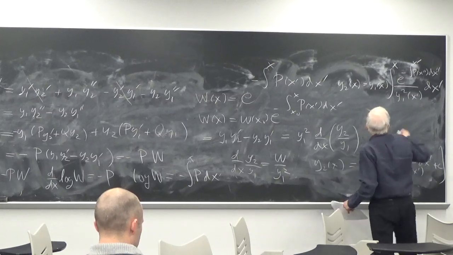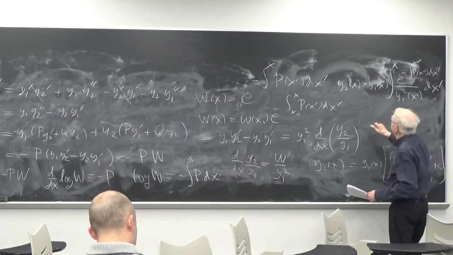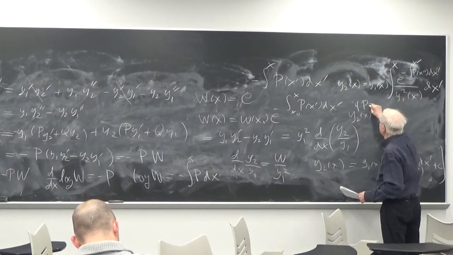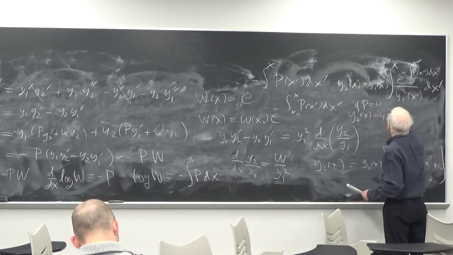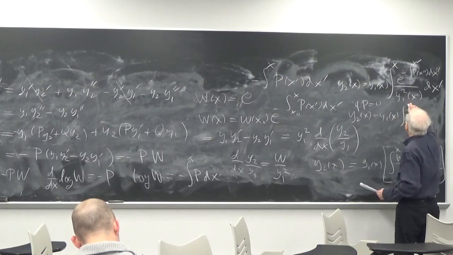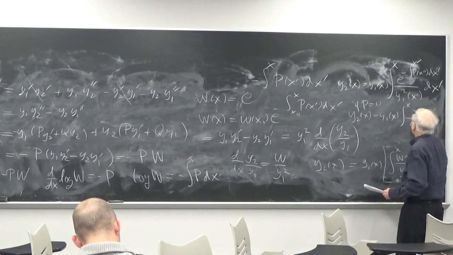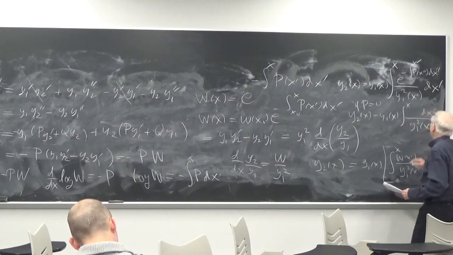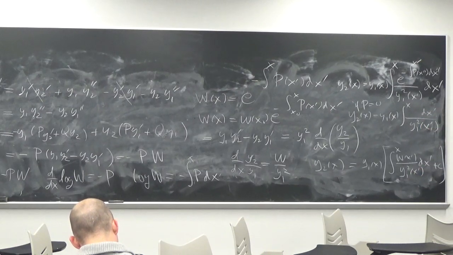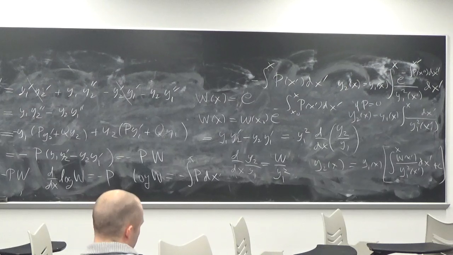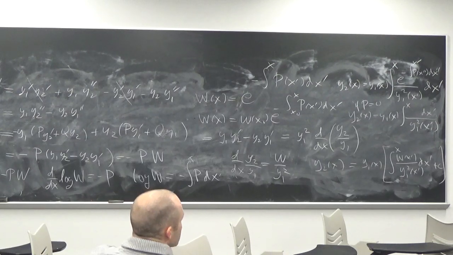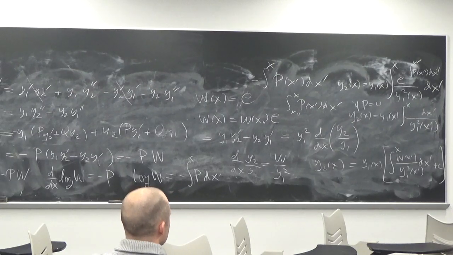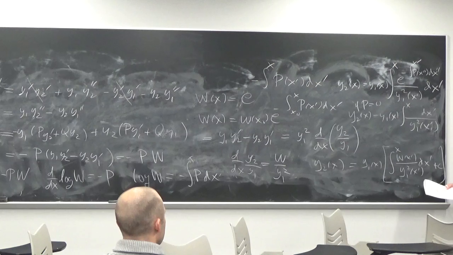So, in the case where P actually vanishes, if P is equal to 0, y2 is y1 of x, simply times an integral dx prime over y1 squared of x prime. So we always get two solutions. Questions?